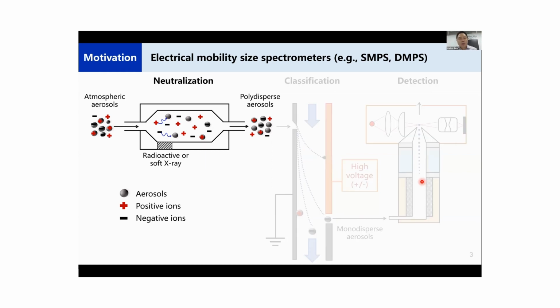So today, my talk will focus on the charging part. However, I will also touch on the classification side, where, as I mentioned, right now in most studies, we only classify charged particles of one polarity. Later, we will discuss that if we classify both positively charged particles and negatively charged particles, we may gain more information.